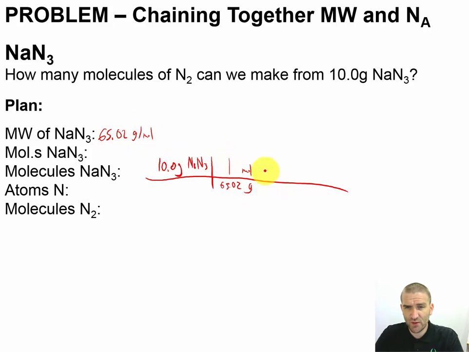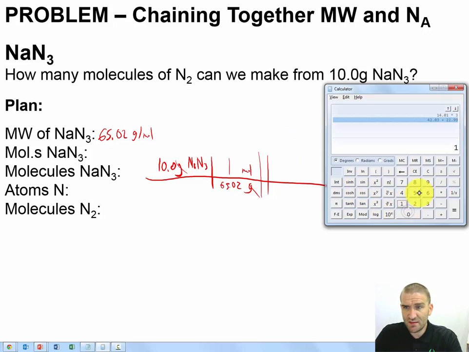That's what's in this conversion factor. My grams have cross-canceled. I am now in moles, so I can just do 10 divided by 65.02.